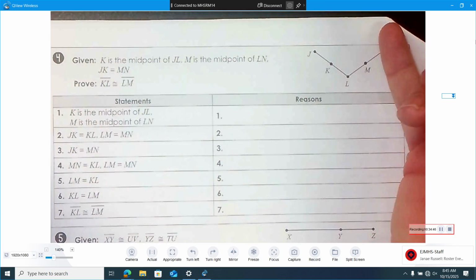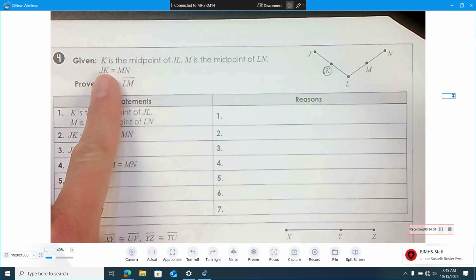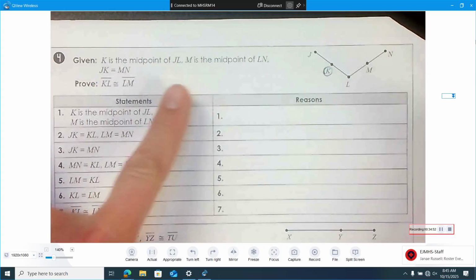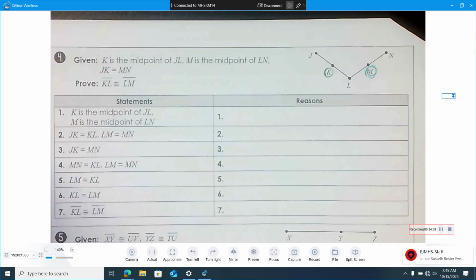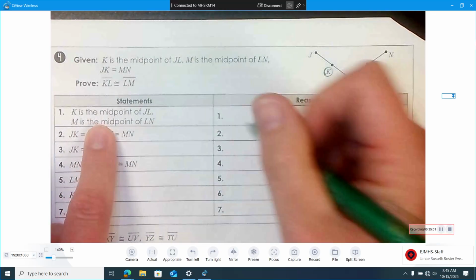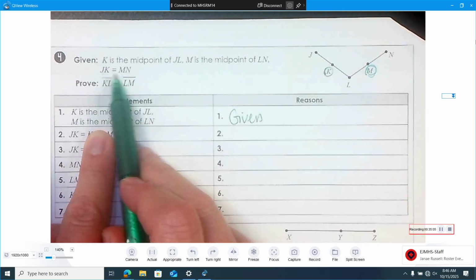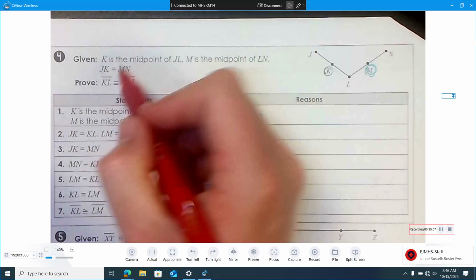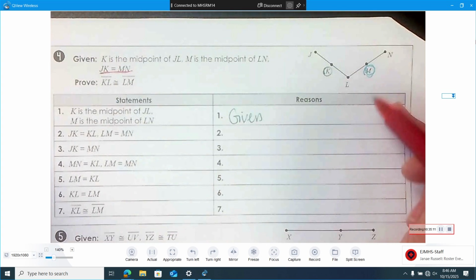All right, let's see. We have K is a midpoint of JL, and M is a midpoint of LN, and those are both given statements right off the bat. We also have the given statement that JK is equal to MN.